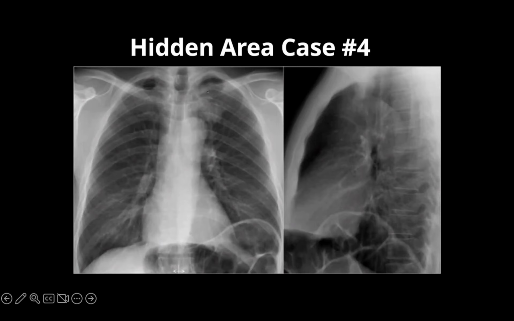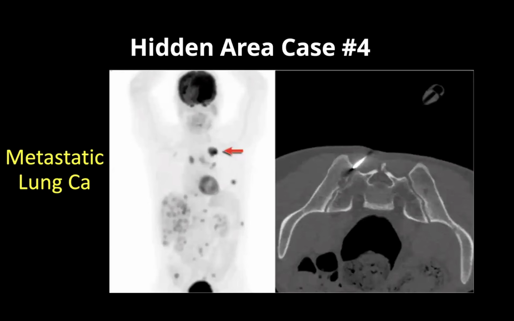So always look at that area of the first costophrenic angle, and that actually corresponds to opacity projecting also on the lateral view, and that was cancer in this scenario, which was already metastasizing to the liver, lymph nodes, of course, the liver and bones as well.